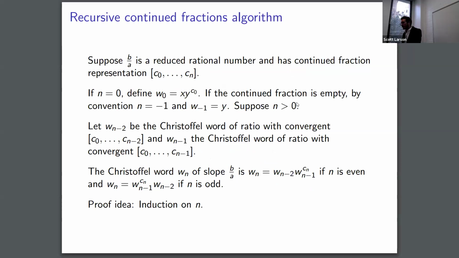Next, we have the recursive continued fractions algorithm, which is basically just the way Smith characterized it, in a different form. This form works directly with Christoffel words, so you don't have to lop off that chunk off the end. You always just have the Christoffel word. So you have your base cases here. If the continued fraction is empty, we just define that n equals -1.